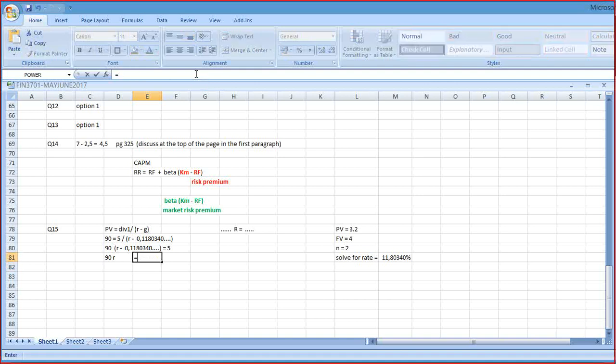Okay, that won't work. Okay, so let's just do it. 90 times negative 0.118034. Okay, oh, that actually did work. Yeah, that actually did work. Okay, good.